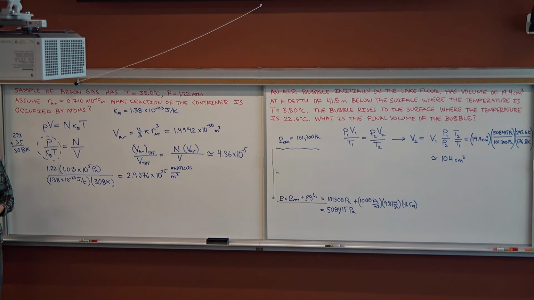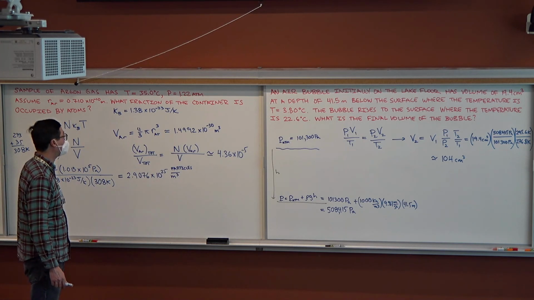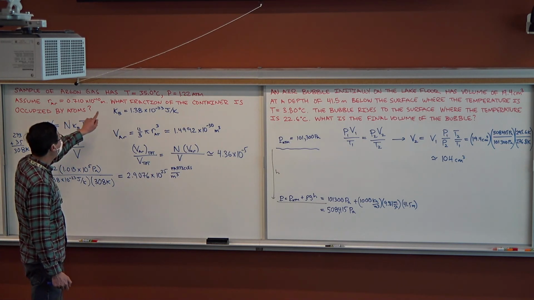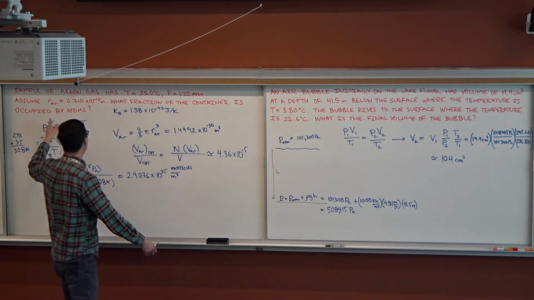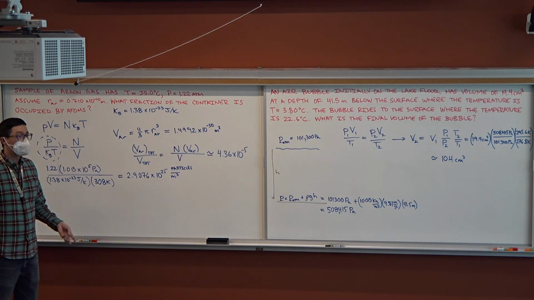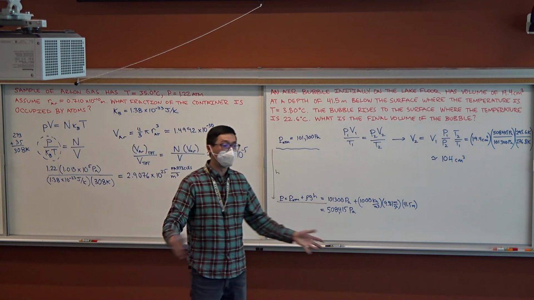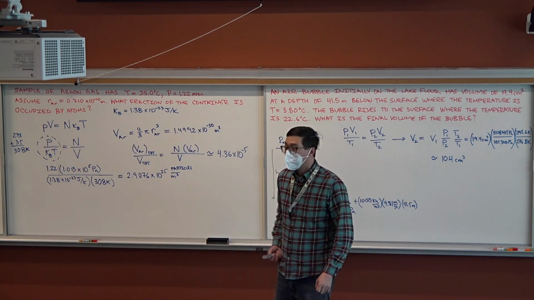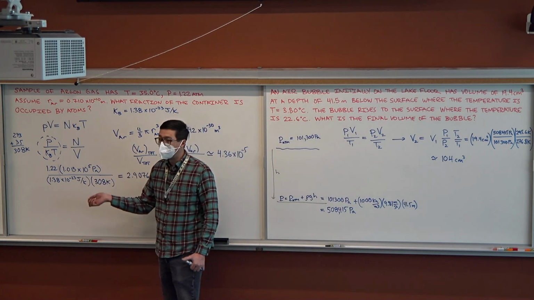Questions, comments, concerns? How did we get V argon total divided by V total? What we wanted was the fraction of the container that is actually occupied by atoms. And so that's the total volume of argon atoms divided by the total volume of the container. But as you guys told me earlier, we don't know the total volume of this container.